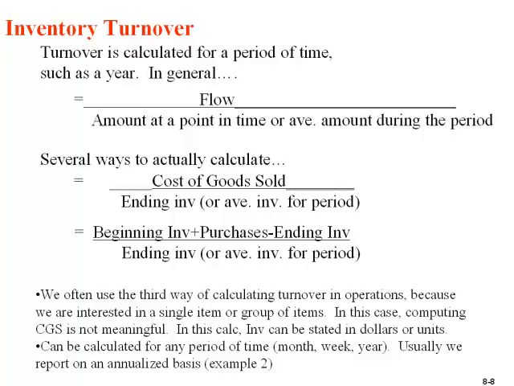So instead of our overall return or our overall margin for a particular period of time, we're interested in the amount of inventory that we sold or that we consumed during a period of time, and we're interested in comparing that down in the denominator to our average inventory for the period of time. Sometimes we just use the ending inventory for the period of time because average inventory can sometimes be difficult to compute. Let's do an example.